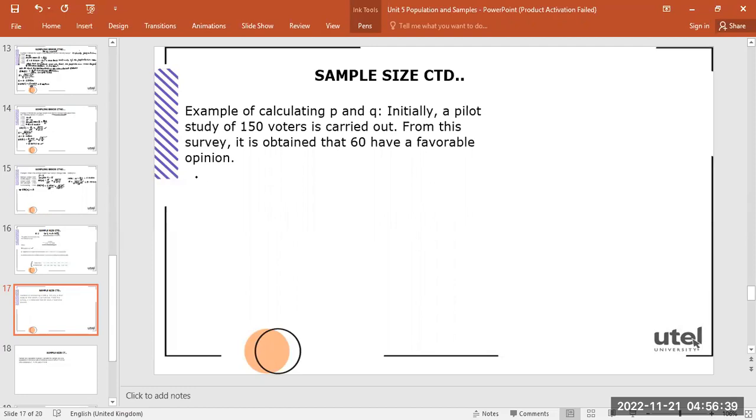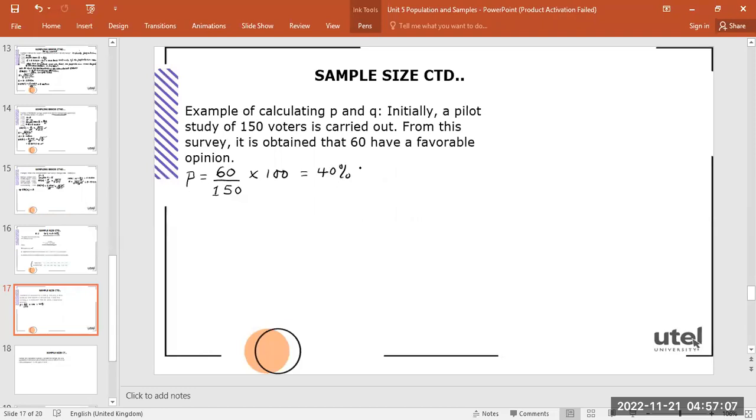So you can see here, P refers to the proportion of those that have a favorable opinion. So P can be gotten as 60 out of a total of 150 voters multiplied by 100, and if you do the math, that gives you 40%.